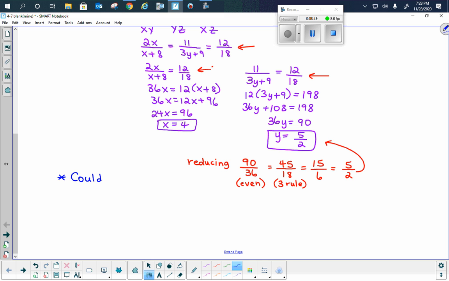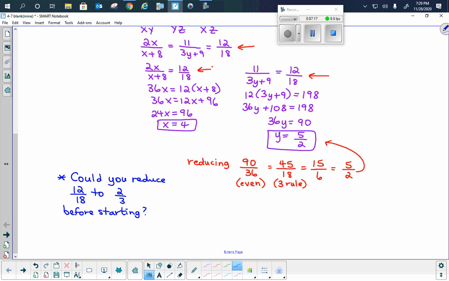If they're equal, could you reduce the 12/18? What would you reduce it to? Reduced by 6 would give us 2/3 before starting.